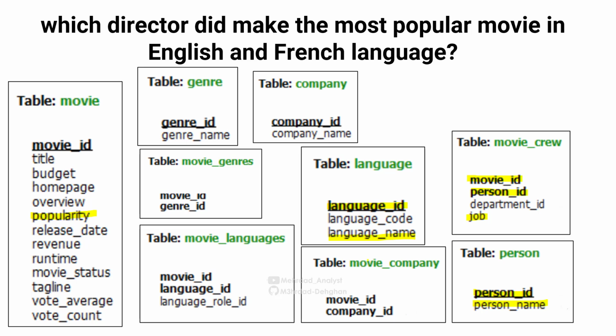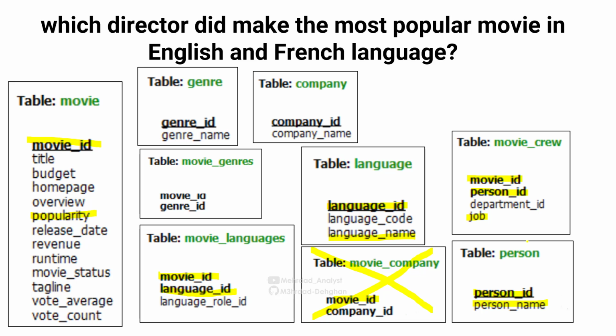The movie language is a bridge joint between the movie and the language. So movie ID from here, and it is the movie language here, the movie ID and the language ID. So yeah, I just forgot it. It is wrong. So we just need to disable movie, movie language, language, movie crew, and person.